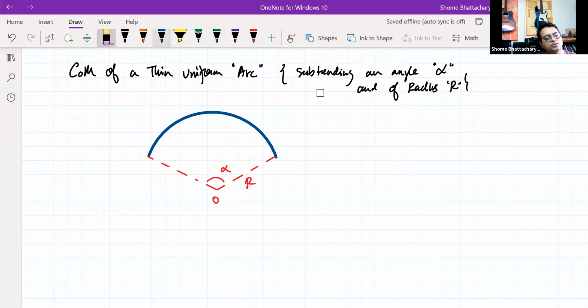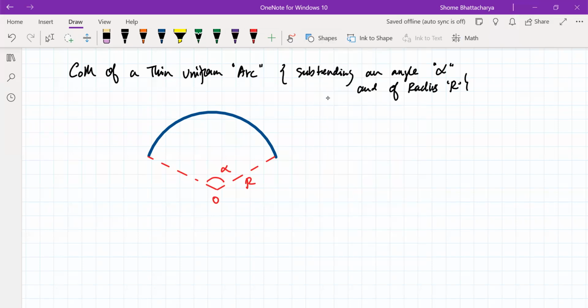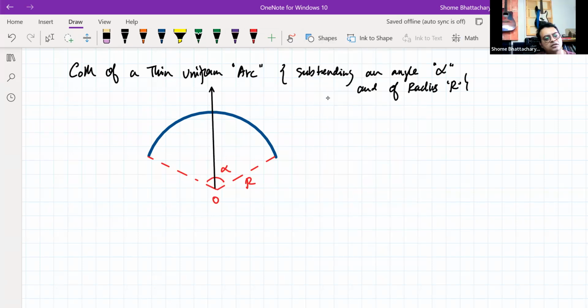So once again, the center of mass will lie on that axis of symmetry. This time, we have to take that particular line, the angular bisector of alpha, drawn from the center of curvature O, as one of our axes. Because it looks like the vertical axis here, I'll take that as the vertical y-axis.